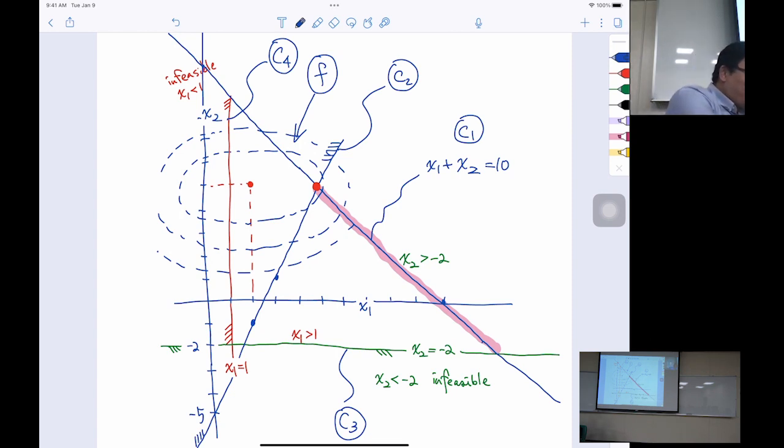So this red point basically is the closest point to the center of the contour that also stays on this red line. So that is the optimal solution. If you try to use a visualization, a graphical way to find solutions, you can. Okay?